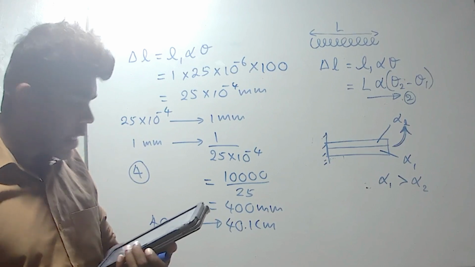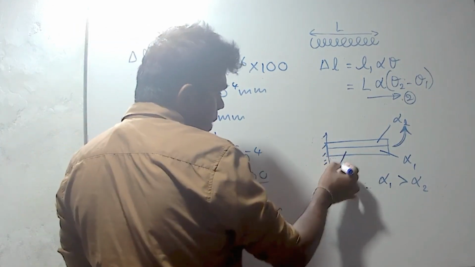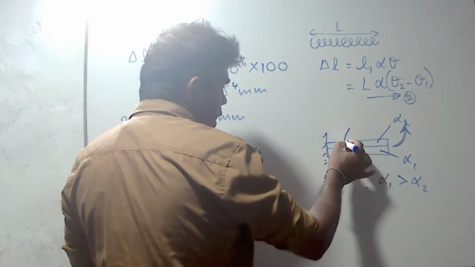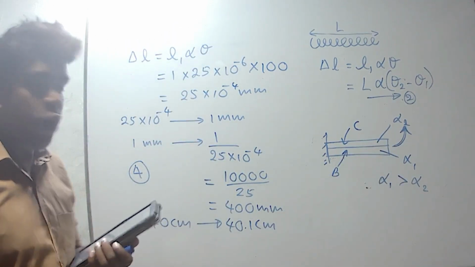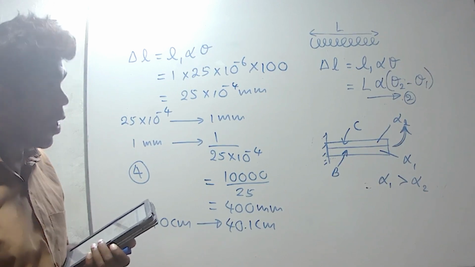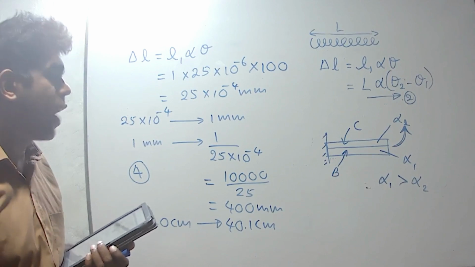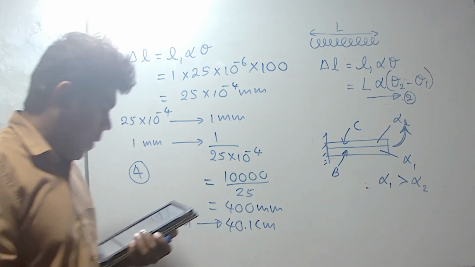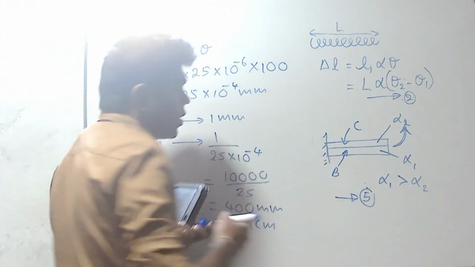This one is the correct answer. In this one, this material is B, this material is C, and the expansivity of B is greater than that of C because the gradient of graph B is greater than the gradient of graph C. Therefore, 5 is the correct answer.